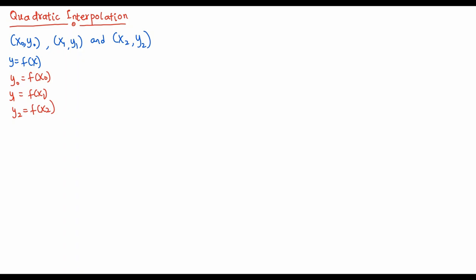Since this is a second order polynomial function, we're going to have f2 of x equal to b naught plus b1, bracket open, x minus x naught, bracket close, plus b2, bracket open, x minus x naught, bracket close, multiply x minus x1.